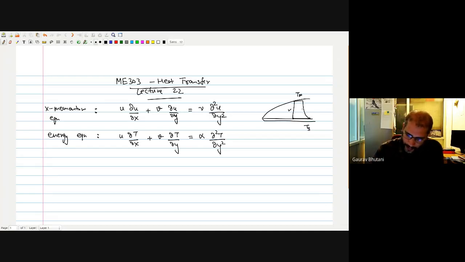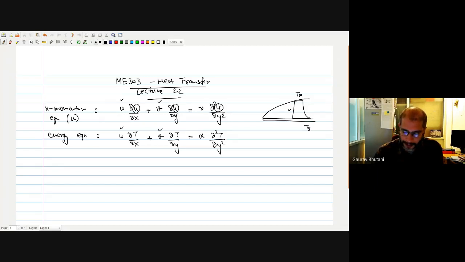When we compared these two equations, we saw that they look very similar. You have a u, you have a v, and in the x momentum equation the unknown is u, which I've circled.